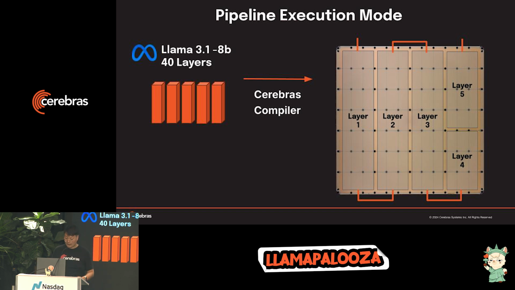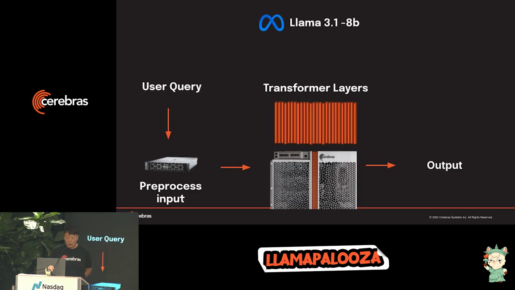So what does it look like when you go to our inference app and ask it to give you 50 cringy dad jokes? What actually happens behind the scenes? When you send a query, it hits a very regular schmegular server. It's a Dell server that pre-processes your input, turning your text into tokens that the machine learning model understands.